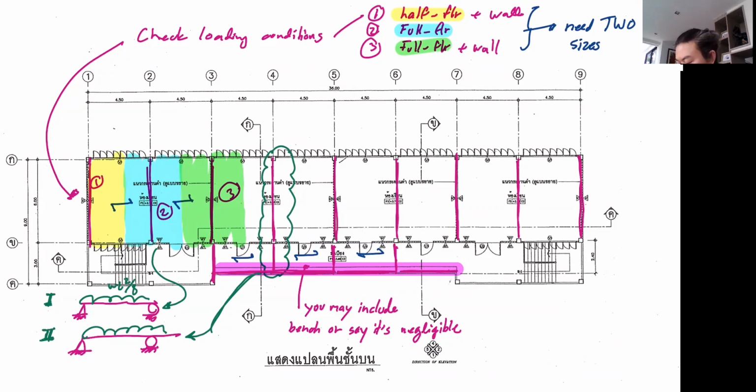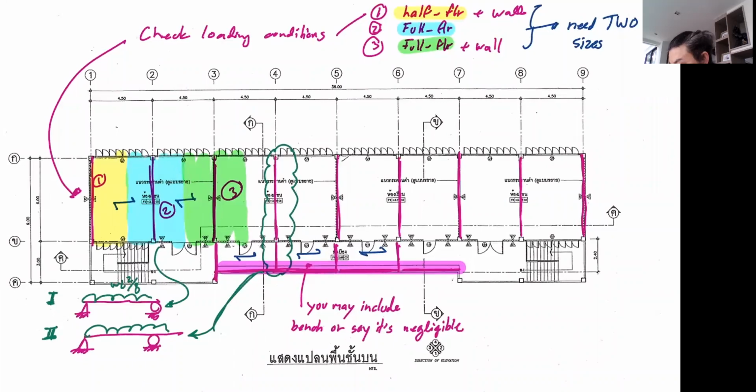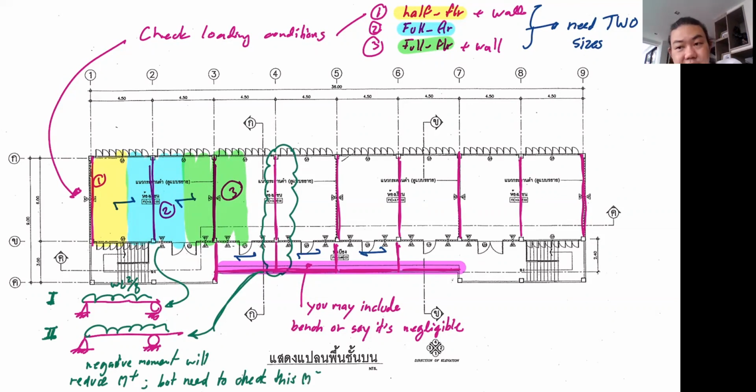Correct? Because this negative moment will reduce the positive moment in midspan. But the negative moment is there, so you have to check it just to make sure that it's not greater than that, and for that reason we can use the same beam.